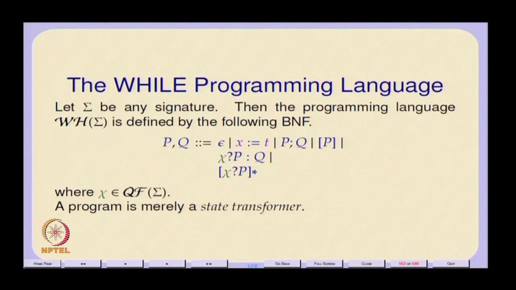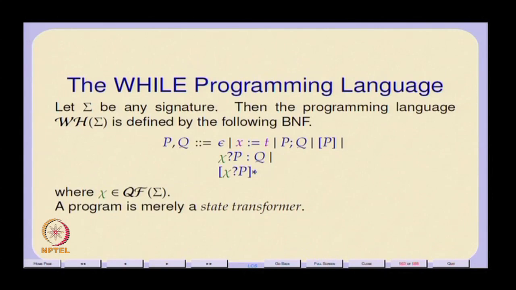It just contains, it's imperative, so it has to have assignment. It has to have sequencing of instructions. It has a conditional, that is not necessary, but it has to have a looping construct. So, it is a non-recursive program.